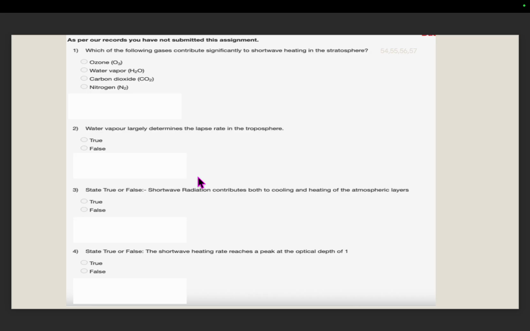Ozone, water vapor, carbon dioxide or nitrogen?